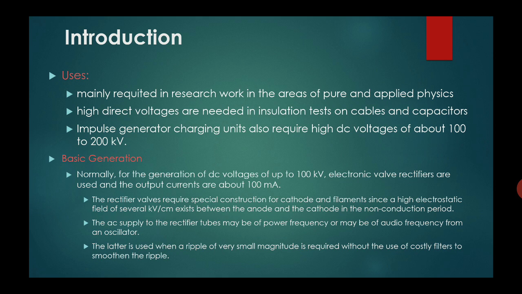It gives some ripples. Now depending on the frequency of the AC, the ripple value will change. If we require a DC with a very small ripple, but without using a filter, an input AC voltage of very high frequency is used.